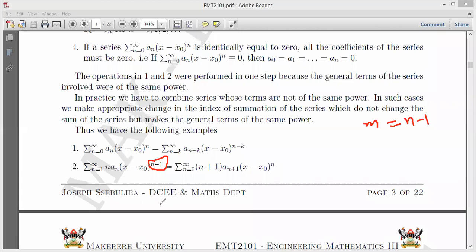So if we substitute n equal to 1, then m will be 0.